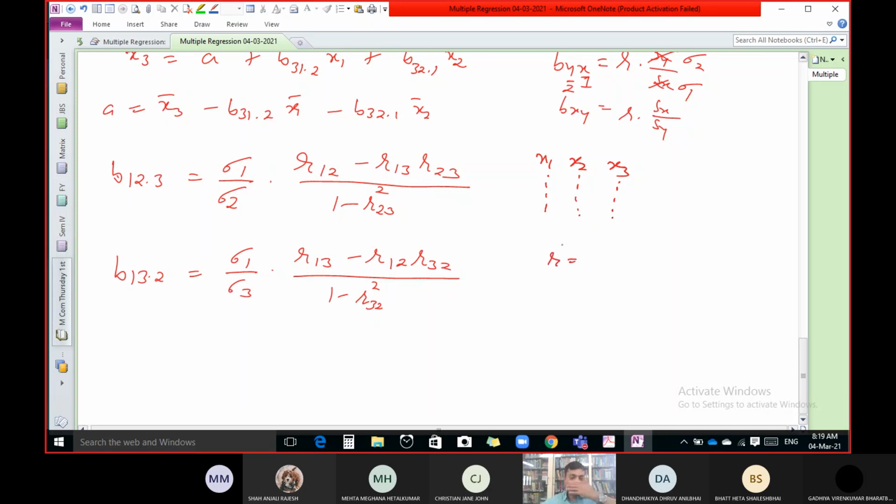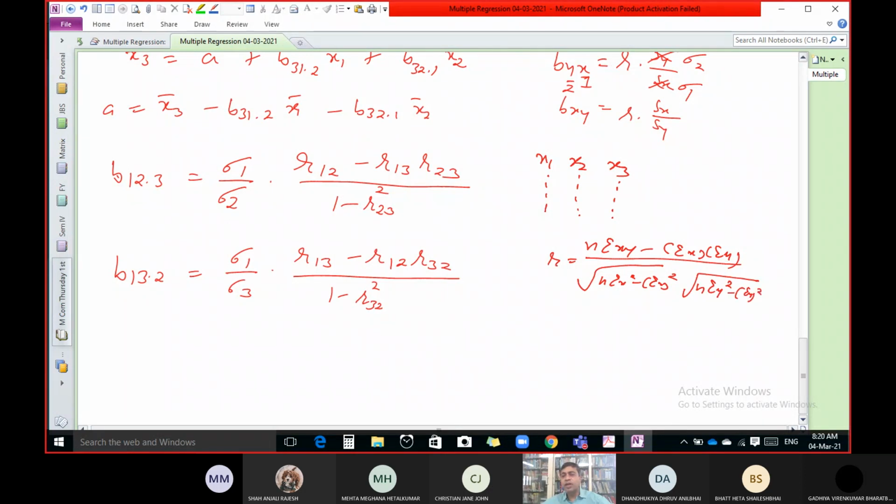There is a formula of r: n sigma xy minus sigma x sigma y upon square root of n sigma x square minus sigma x the whole square, second square root of n sigma y square minus sigma y the whole square.